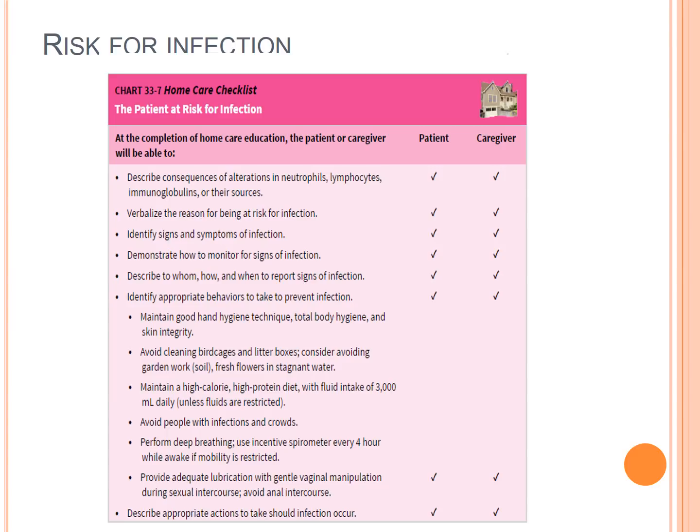So you can see listed here, good hand hygiene, maintaining skin integrity, avoid cleaning areas where they could be exposed to bacteria.